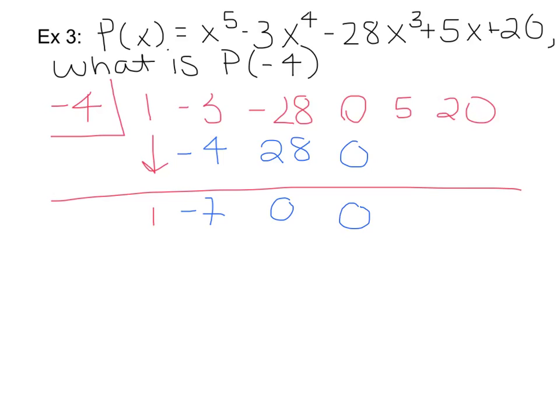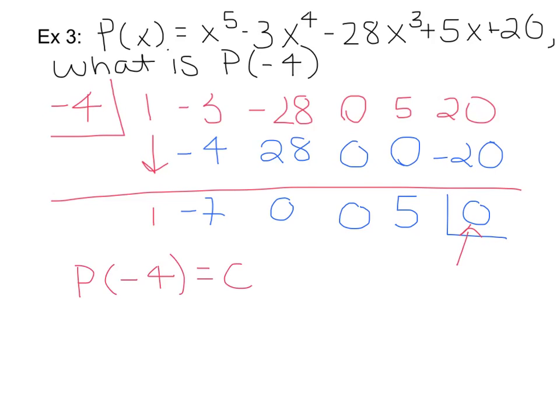Negative 4 times 0 is 0. And 5 plus 0 is 5. Negative 4 times 5 is negative 20. And 20 plus negative 20 gives me 0. So all what I care about in this question is what the remainder is. So p of negative 4 equals 0.